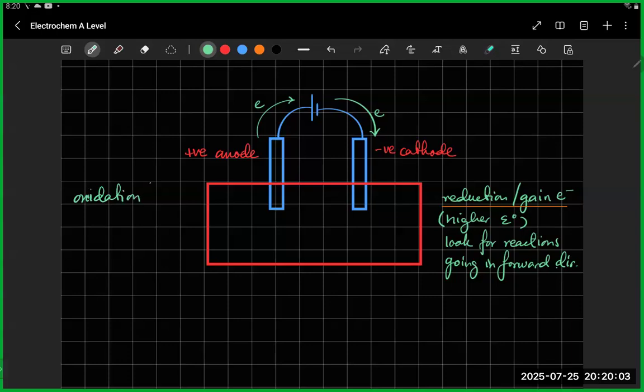And who loses electrons? The one that has the lower E naught. That's the one that likes to lose electrons. And when you're looking for reactions, look in the data booklet in the backward direction.